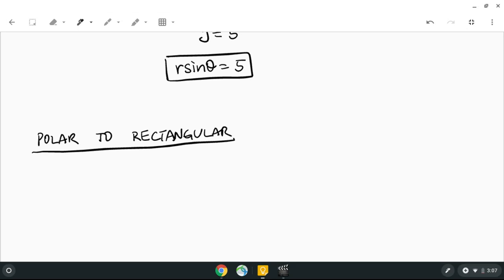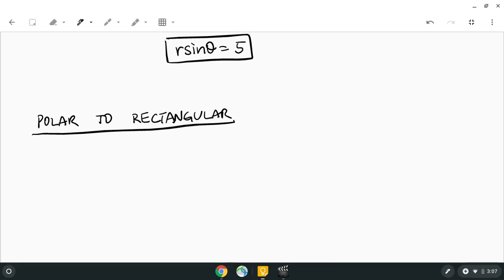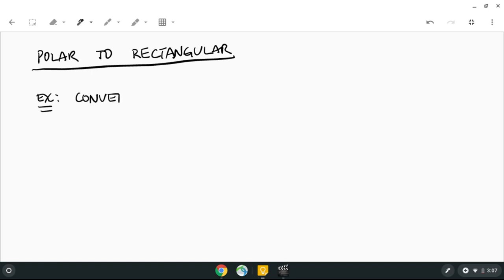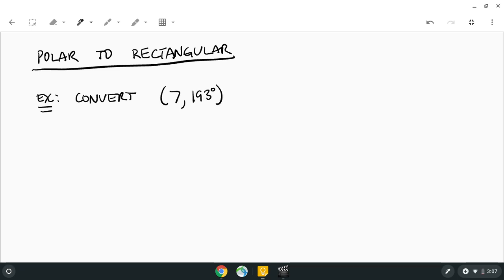Let's start off with a point and then we'll take a look at equations. So let's convert this point. This point is polar, so this is r and theta. Let's go ahead and convert this to rectangular.